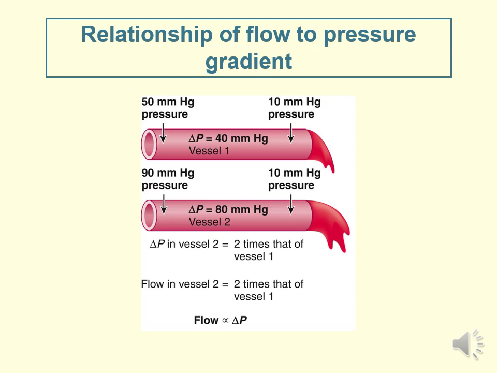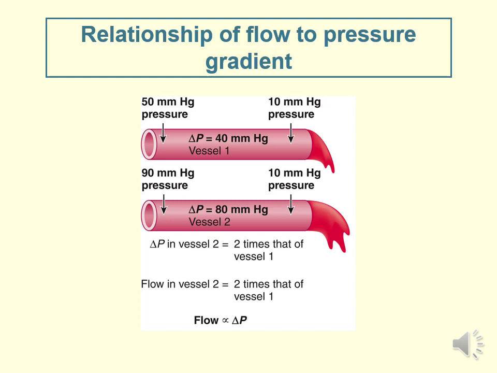In vessel 2, at the left-hand side we've got a pressure of 90 millimeters of mercury versus a pressure of 10 millimeters of mercury at the right-hand side. So again, if you do the maths, the pressure gradient in vessel 2 is 80 millimeters of mercury. You can see the pressure gradient in vessel 2 is double what it is in vessel 1.